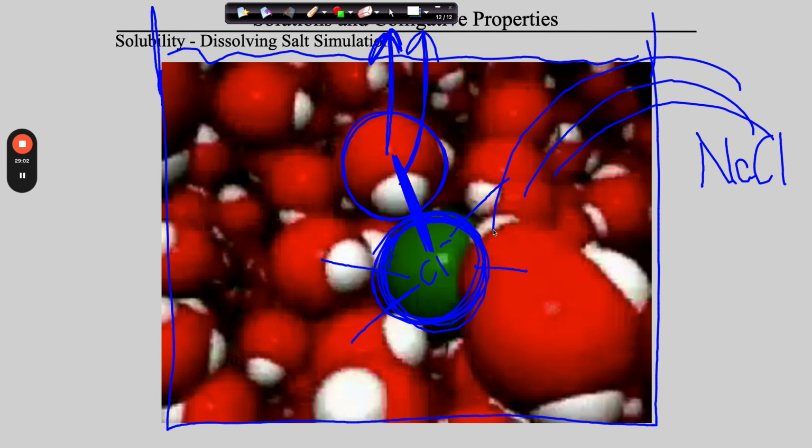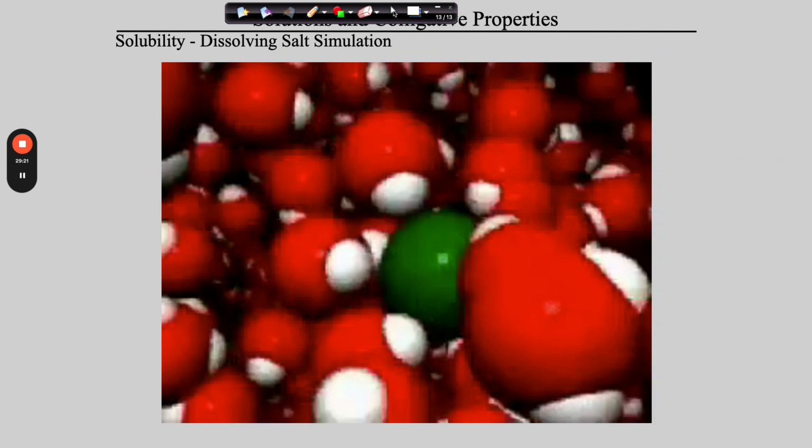You added 6, it went up more. You added 9, it went up even more. So guys, this is why the boiling point goes up. The water is attracted strongly to the salt, and as a result, those intermolecular forces are harder to break, and that makes the boiling point go up. So we can summarize all of that.